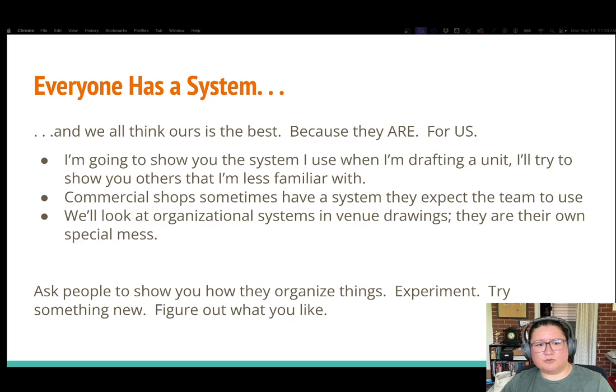We're also not looking today, or not until later, at organizational systems in venue drawings, because they are their own special, complicated mess. So to reiterate, ask people how they do things, how they organize things, try something new, figure out what works for you, and then do the thing that's going to make you the fastest, because ultimately that's the thing that we care about the most.